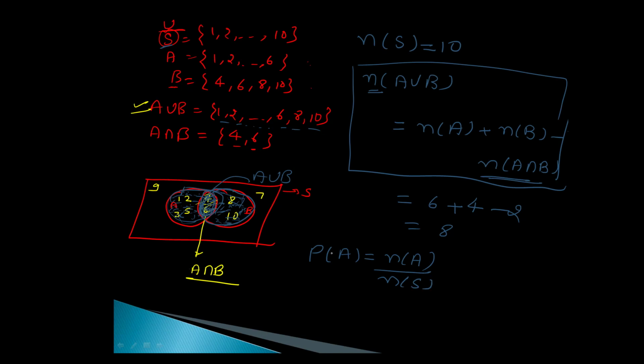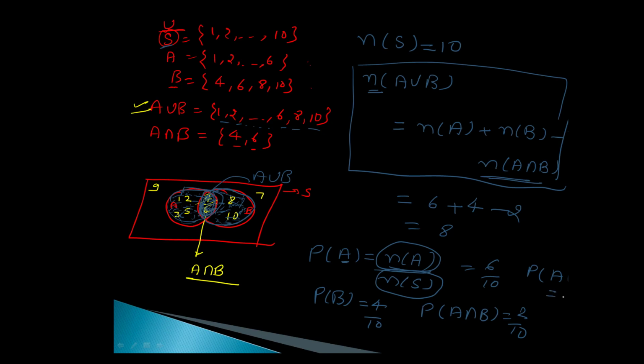So the probability of event A is the number of elements in set A divided by the number of elements in the sample space, so it is 6 by 10. Similarly, probability of event B is 4 by 10, probability of A intersection B is 2 by 10, and probability of the union is 8 by 10.